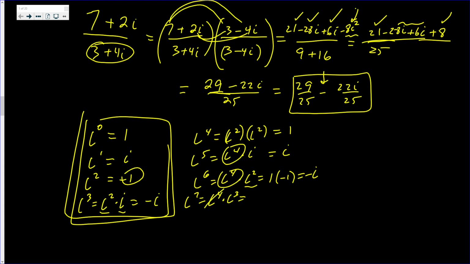But i to the 4th is 1. Well, that is, this is just i cubed. But according to the table to the left, that's negative i. 1 times negative i is negative i.